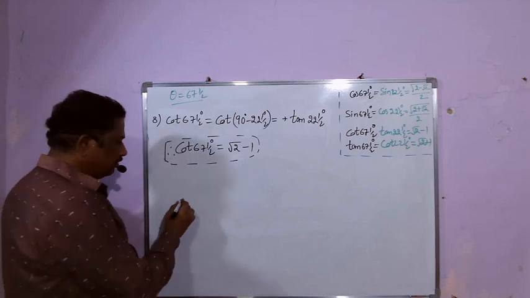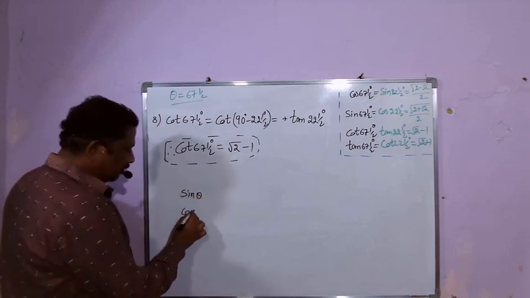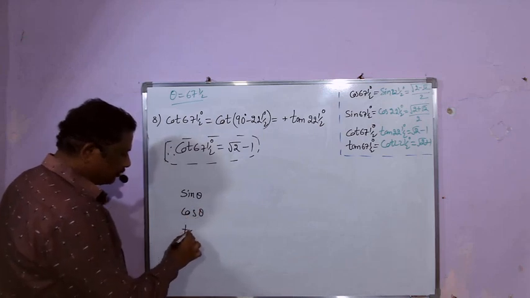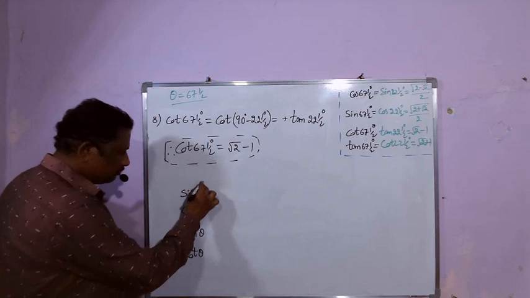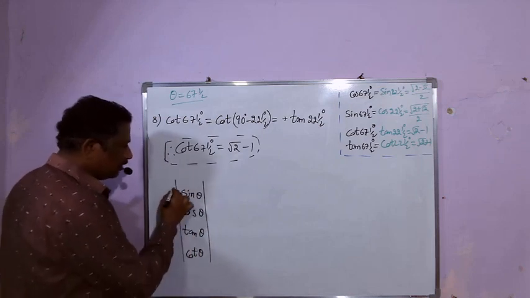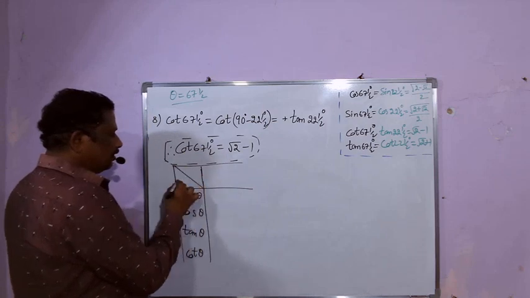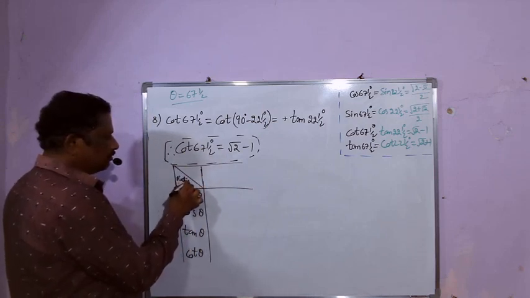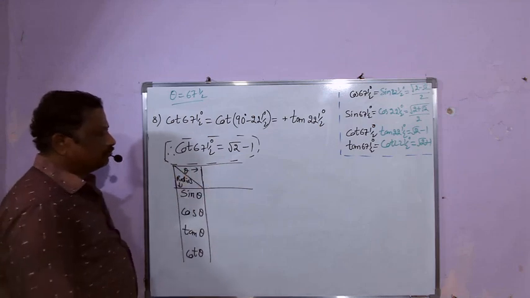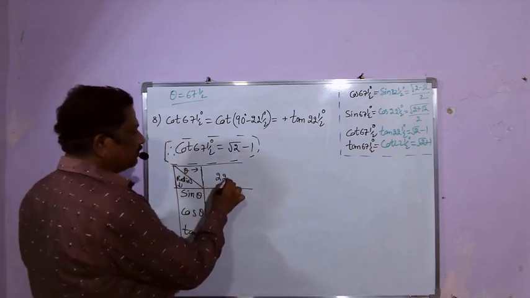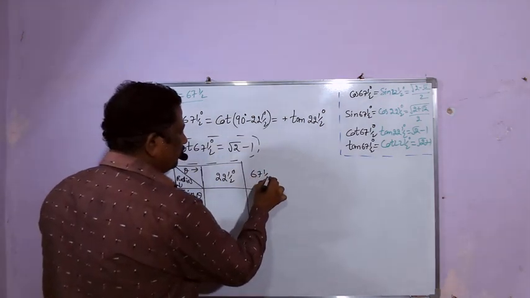So now write down the table for this one. Here sin theta, cos theta, tan theta, finally cot theta. Ratios downside, theta angle: first 22.5 degrees, 67.5 degrees.